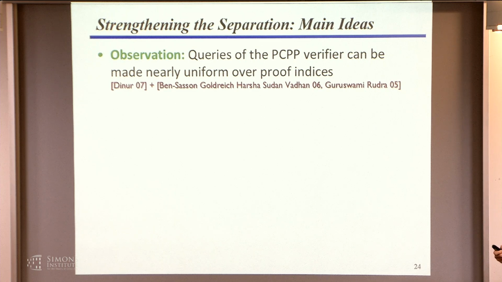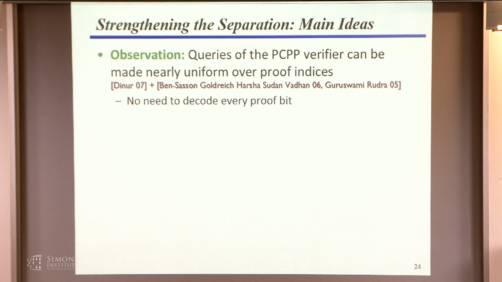So this is what we did instead. First of all, there is an observation that queries of the PCP verifier can be made nearly uniform over the proof indices. Basically, the verifier can be made in such a way that it samples what it needs to sample nearly uniformly, for an appropriate definition of nearly uniform.